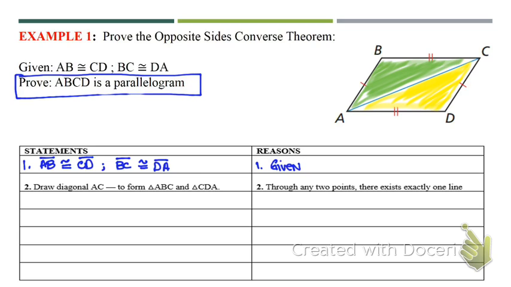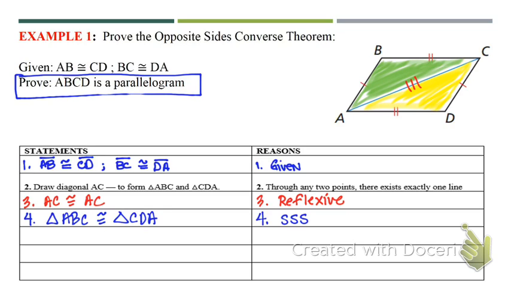And now that I have these 2 triangles, the easiest thing that I could do is just show that these 2 triangles are congruent to each other. And that's actually pretty easy to do because AC is congruent to itself by the reflexive property. So that gives me 3 congruent sides. And that means that these 2 triangles, the green triangle and the yellow triangle, are now congruent by side, side, side.